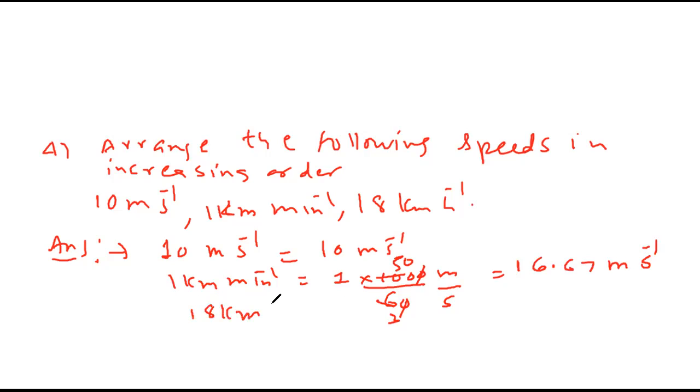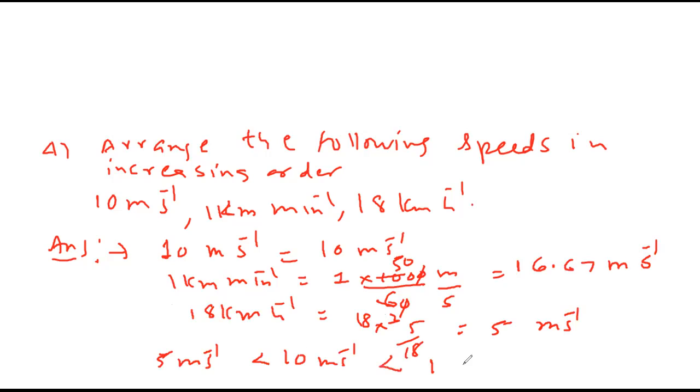18 kilometer per hour is 18 into 5 upon 18, which is 5 meter per second. Who is the smallest one then? 5. So 5 meter per second is less than 10 meter per second, and 10 is less than 16.67 meter per second.